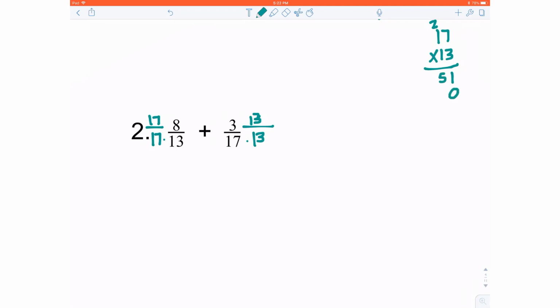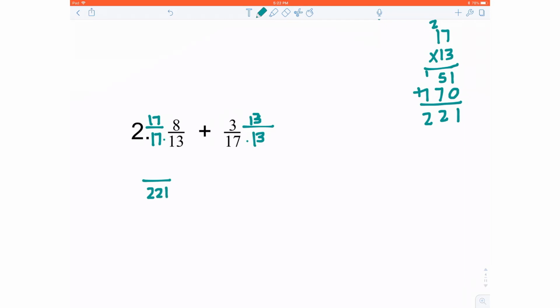We're going to put that placement 0. 1 times 7 is 7. 1 times 1 is 1. So now let's add these together. 1, 5 plus 7 is 12. Carry the 1. 1 plus 1 is 2. 221. That is my denominator. Okay, perfect.